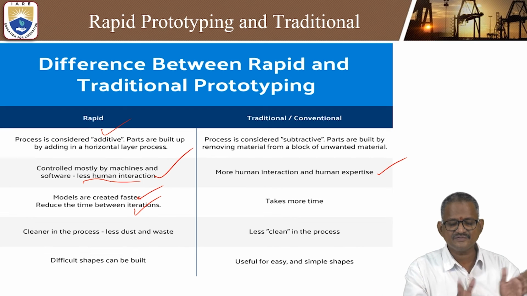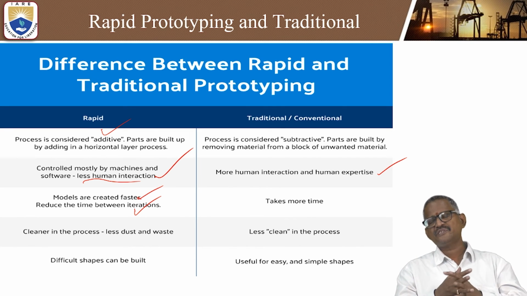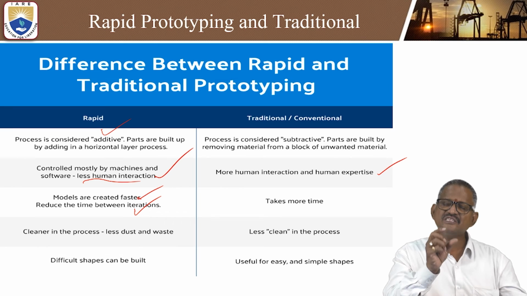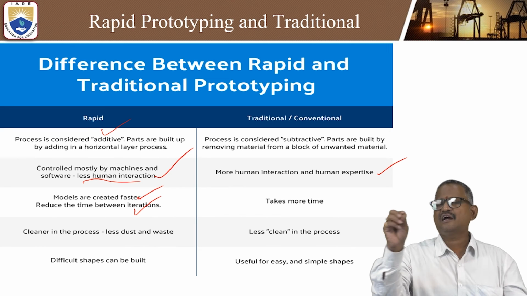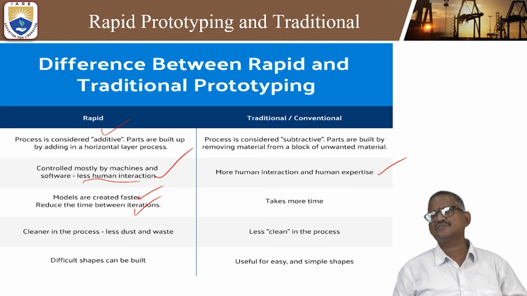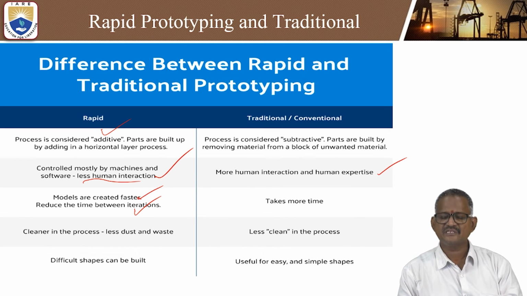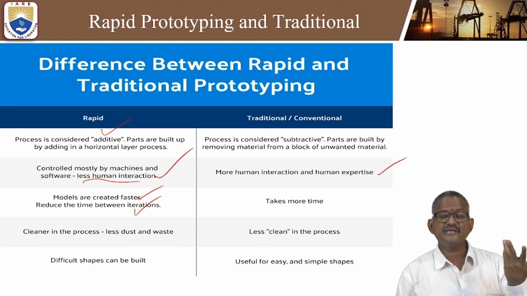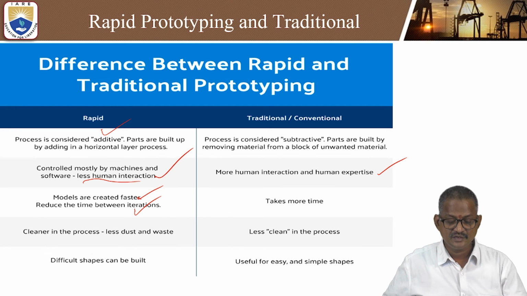But in the case of 3D printing or rapid prototyping, after designing, applying the principles of stereolithography and FDM, the methods can be used to develop any complex shaped component.